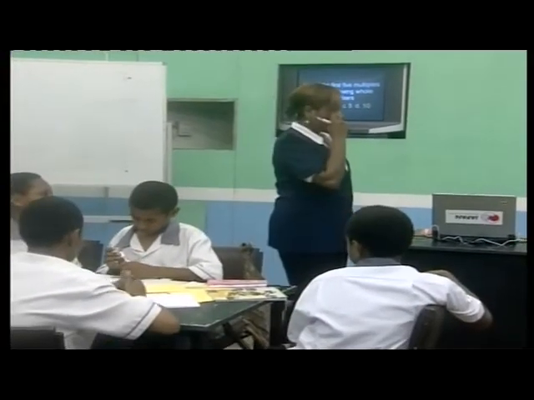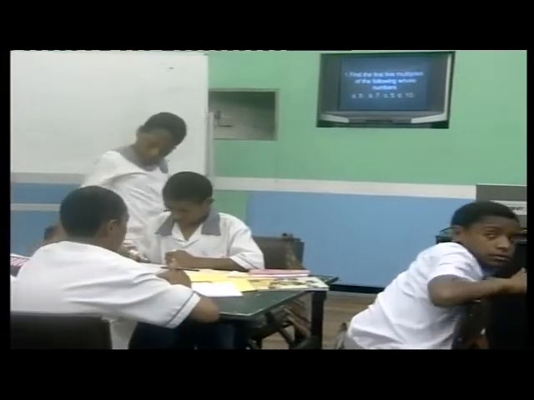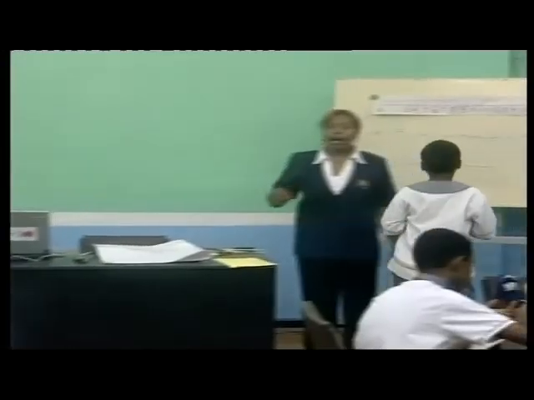Victoria, okay, Victoria for 7, okay. What about 6? Okay, let's have Jordan.